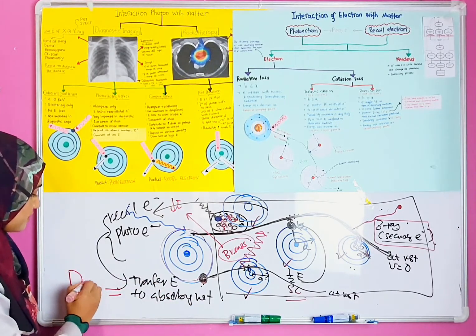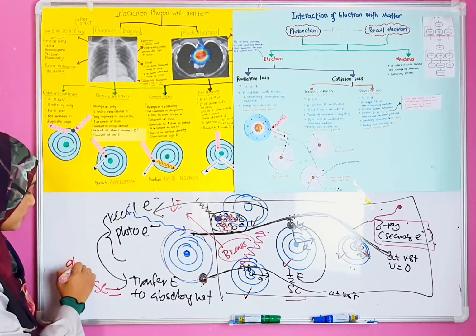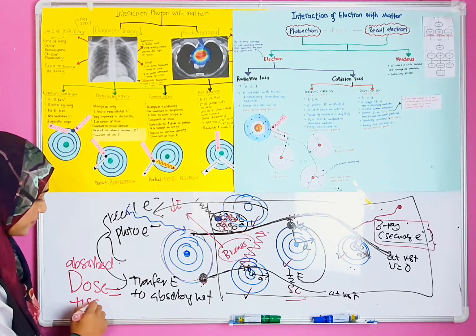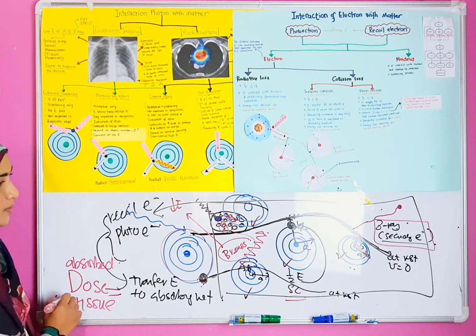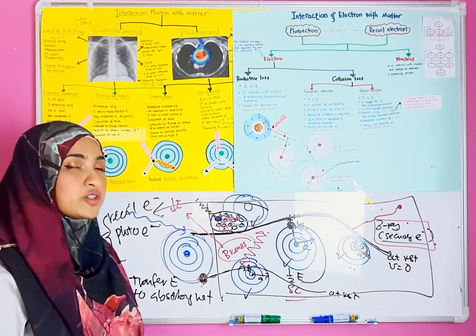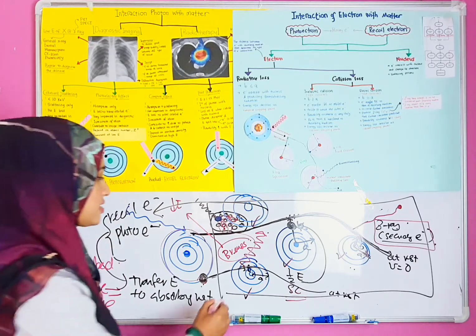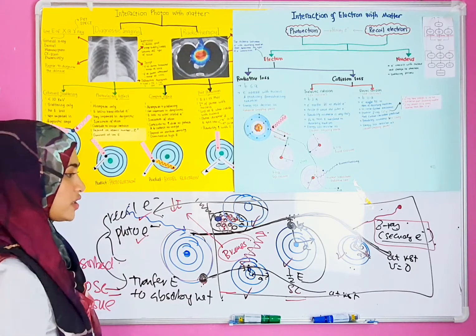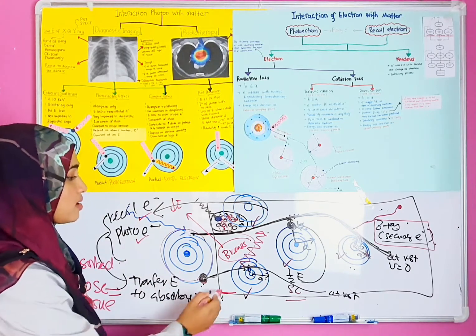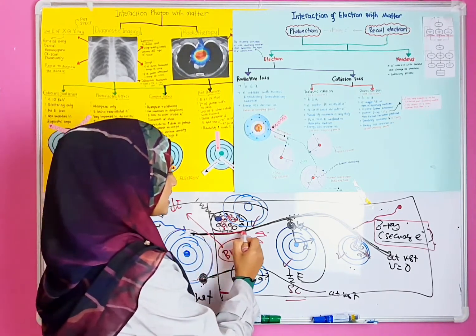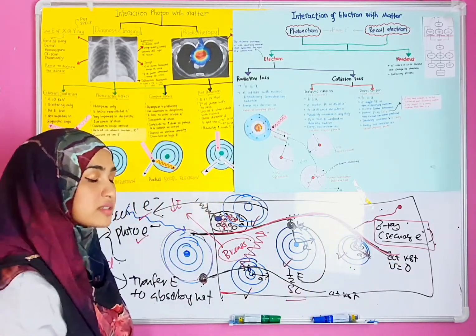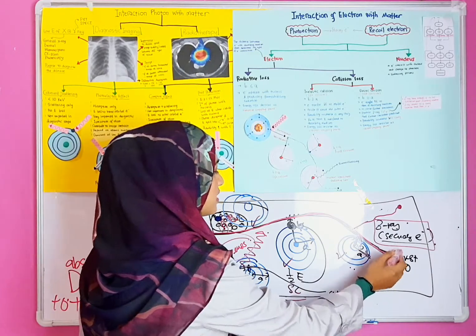It causes absorbed dose to that particular tissue. So the absorbed dose to the patient comes from the recoil electron and photoelectron. How? By transferring their energy during their travel within the absorbing materials until they come to rest.